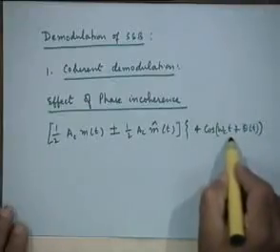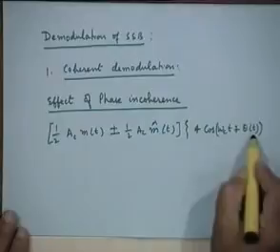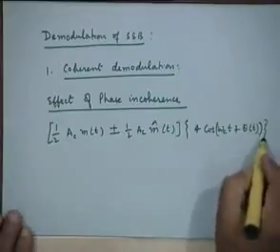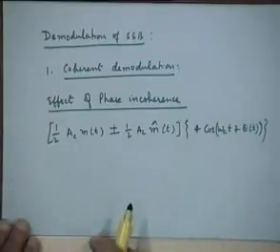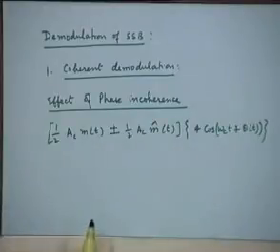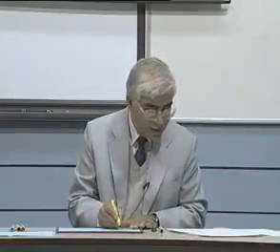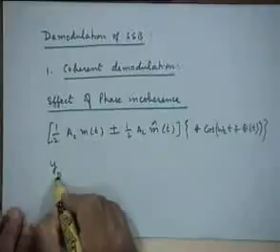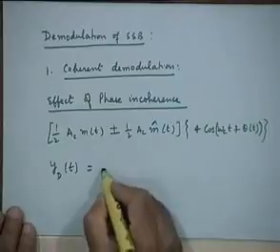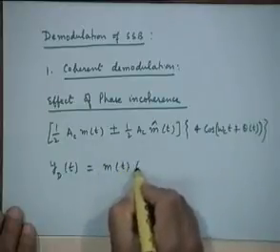So a more general expression is to write omega_c t, which should have been the true carrier frequency, plus theta of t, which models both the phase offset as well as frequency offset. If I do this exercise, multiply these two, pass it through the low pass filter, it's a very simple trigonometric exercise. I'd like you to do that yourself, and you will see that the demodulator output after low pass filtering reduces to this expression.